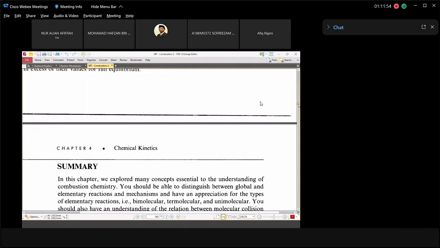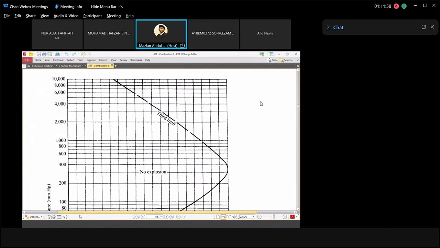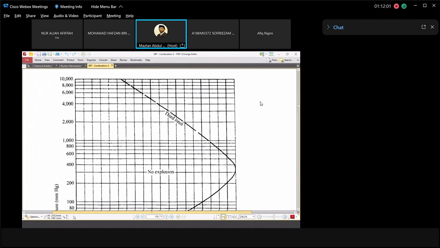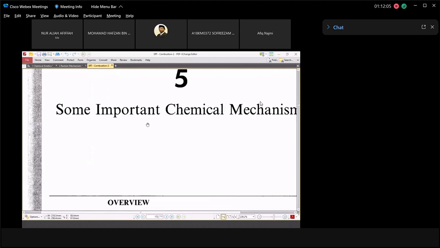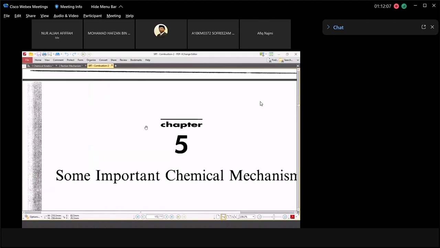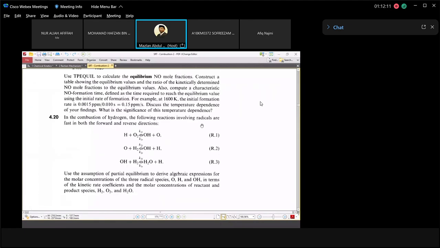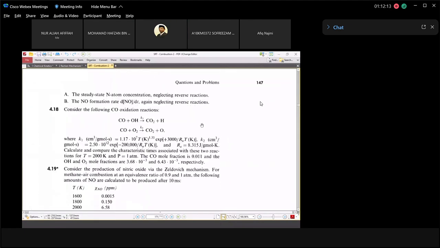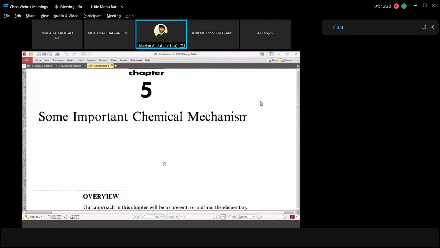You see this, chapter 5, some important chemical mechanism. Chapter 4 talked about chemical kinetics. Chapter 5 is some important chemical mechanism.